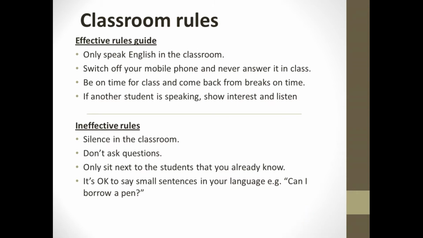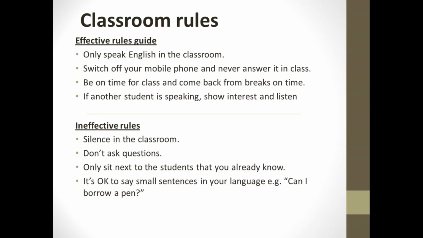Now we will go to the classroom rules. Each teacher has the whole chance and all the choice to set the classroom rules, but she has to keep in mind that the rules should be achievable and effective.